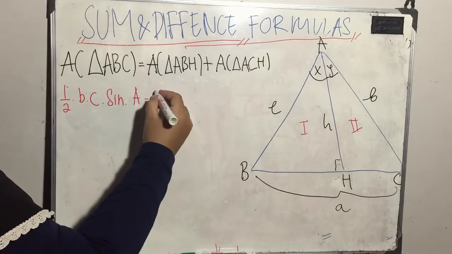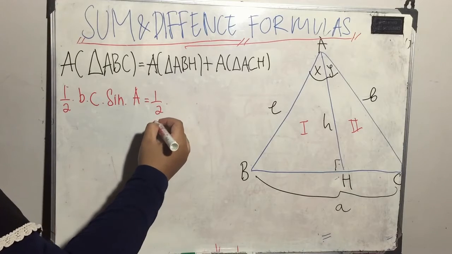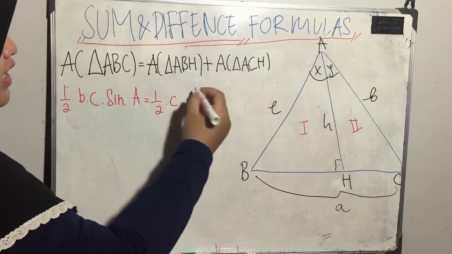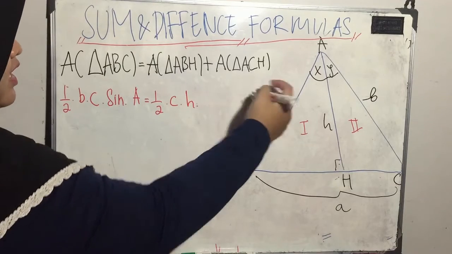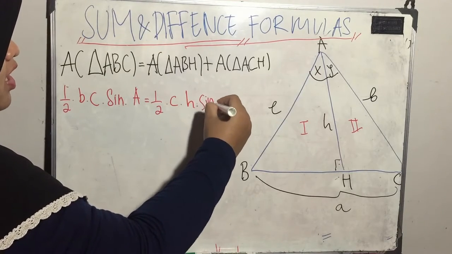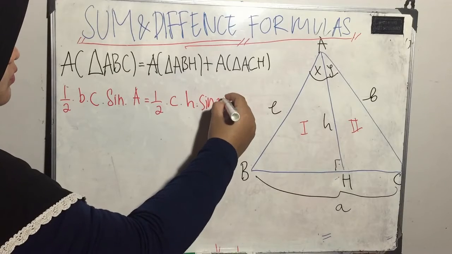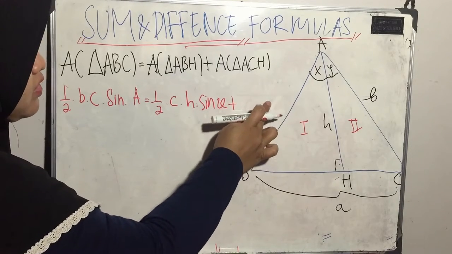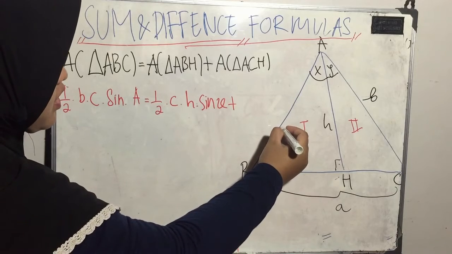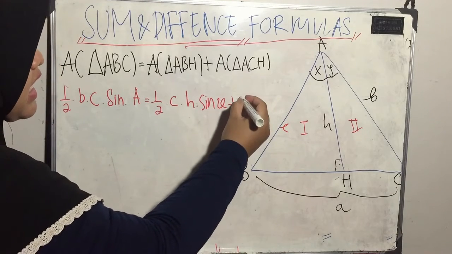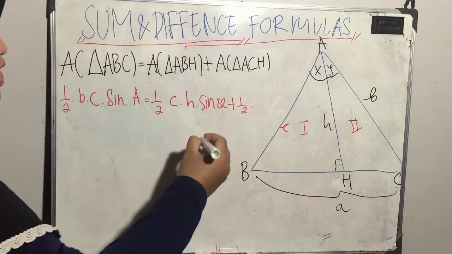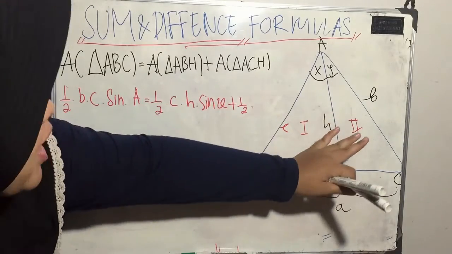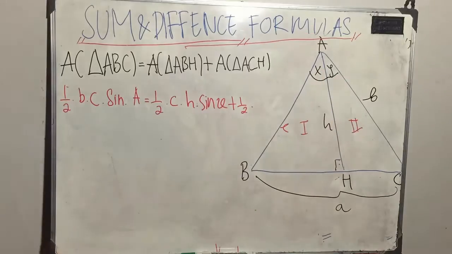The area of ABH is half times C times H times sinus X, plus, okay, let me clean this one, change this position to be here, it's C, plus half times the area of ACH, which is BH sinus Y.